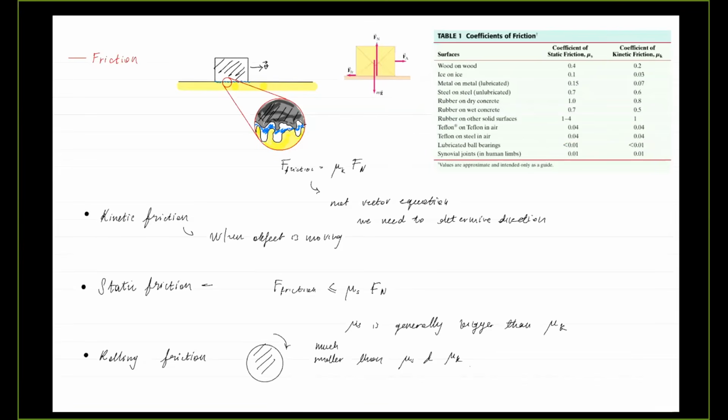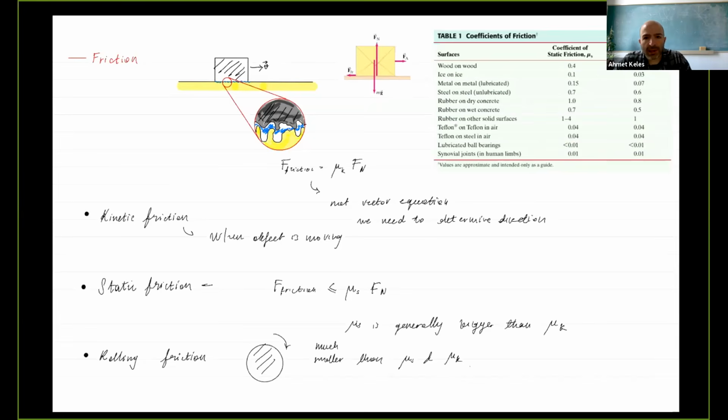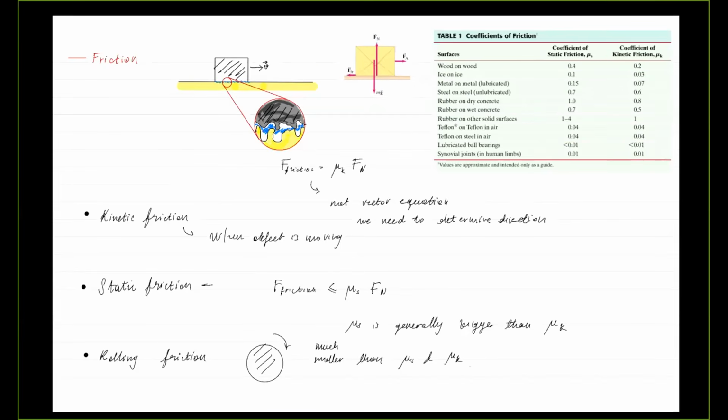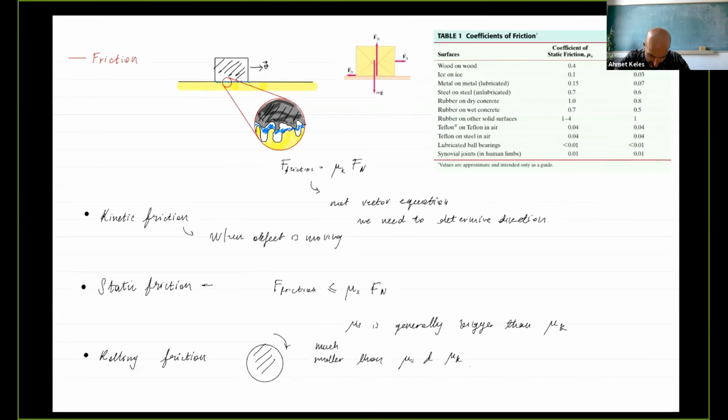Hocam, what is the maximum value of mu s or mu k? The coefficient of static friction or kinetic friction? Generally I think it is 1, right? It can't be bigger than 1, but I don't understand why they write it like this. Maybe in some cases the friction can be much larger than the normal force.